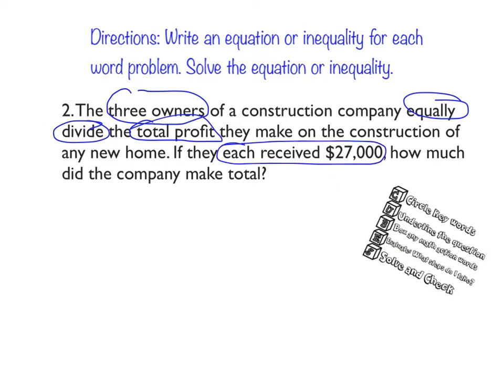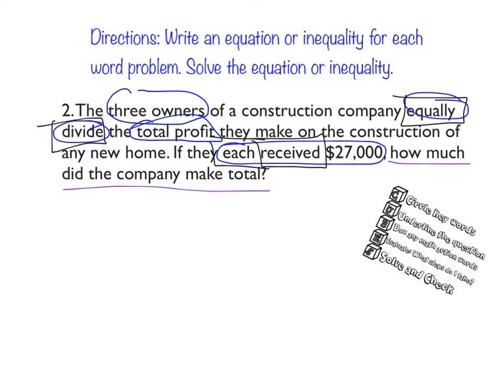We're going to underline the question, how much did the company make total? Box in any of our math action words. So equally divided. And you could also say each received $27,000. Now we're going to evaluate what steps we need to take.